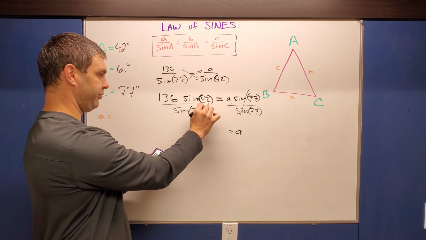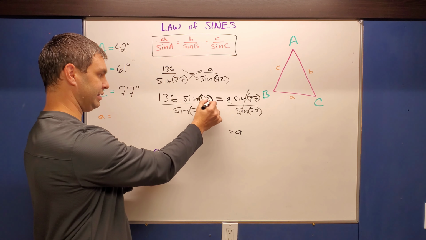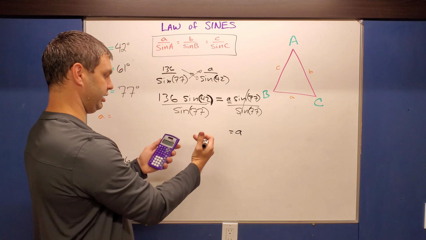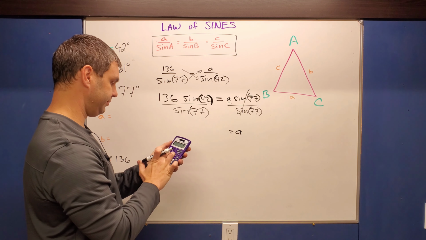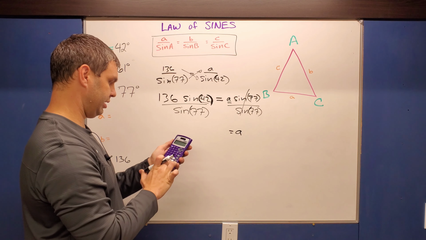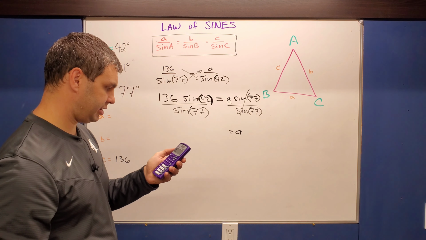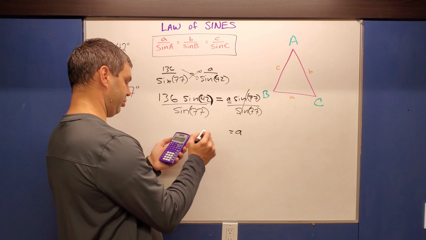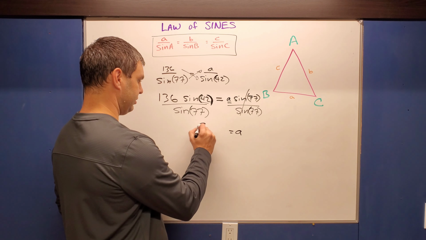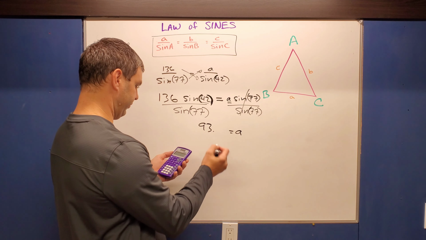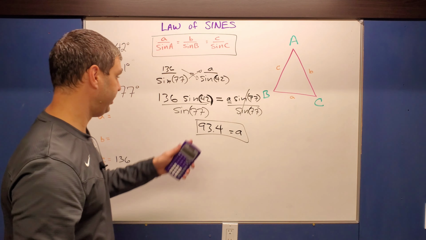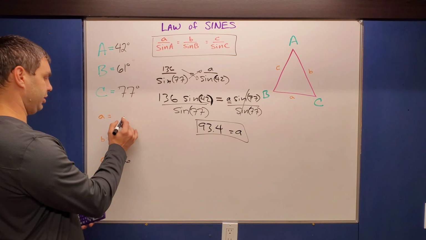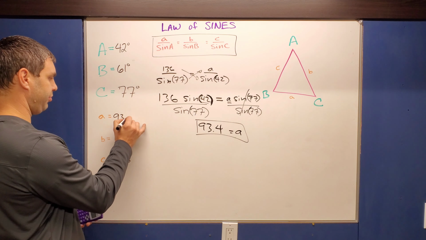But then after I type in the 42, I need to close that second parenthesis because I'm also going to be dividing. So close that parenthesis and then divide by sine of 77. And then hit enter. And this spits out 93.39. So 93 point, we'll call it 0.4. And that is what a is going to be. All right, so in my missing parts over here, I'm going to put 93.4.